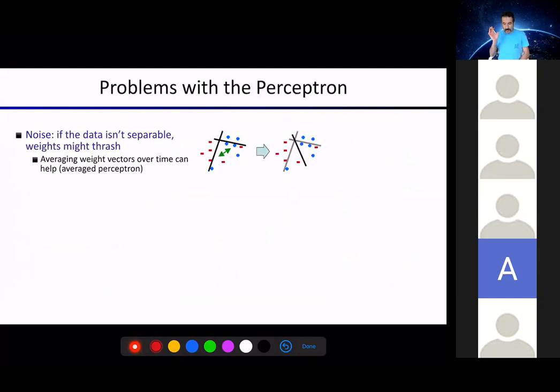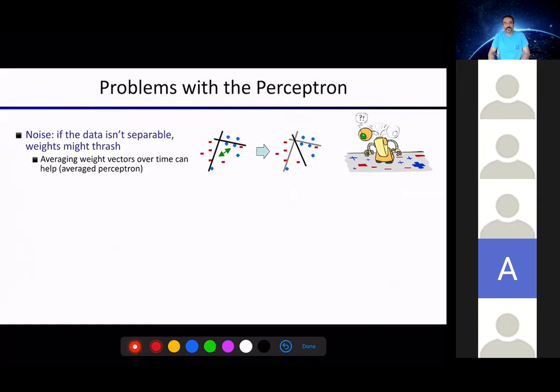There are some problems with perceptrons. Obviously, it's not a perfect classifier or model. So obviously, one problem is that it cannot deal well with noise, especially if the data is not separable.